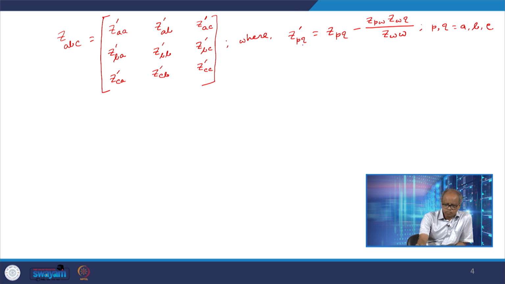Similarly, ZBA dash would be ZBA minus ZBW into ZWA by ZWW.